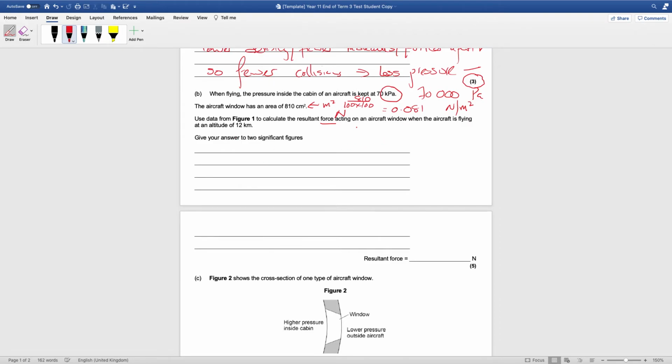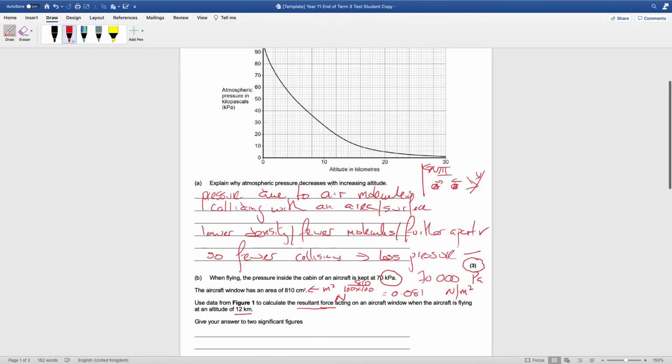So we have the pressure inside the cabin at 70 kilopascals. We're asked to work out the resultant force, the overall effect of all the forces, at an altitude of 12 kilometers. So if we look at our graph and we come to 12 kilometers, well, 12, 14, 16, 18, 20, there's 12. So that's the pressure in kilopascals.